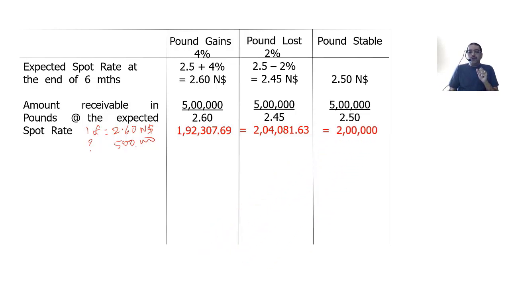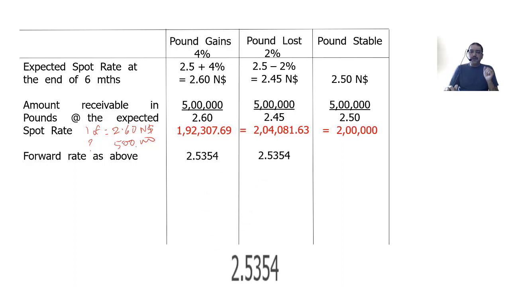Okay. Now, the forward rate as calculated above. These are the expected rates. If I had entered into a forward contract, my rate would be fixed. What would be the rate? 2.5354. In all three cases, it would be 2.5354. The expected rate we have calculated; the forward rate as per the interest rate differential is 2.5354.